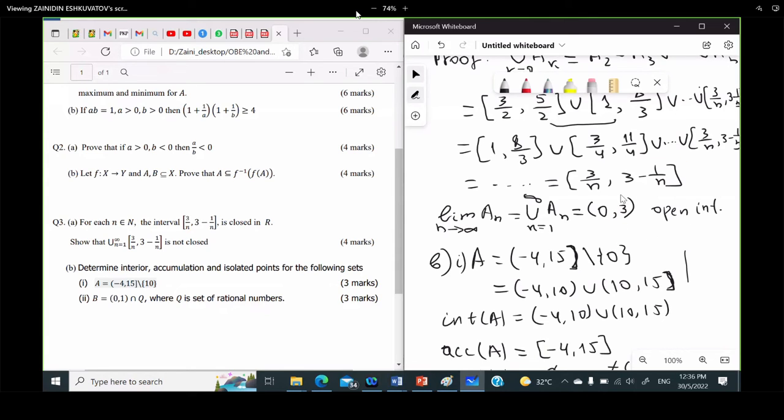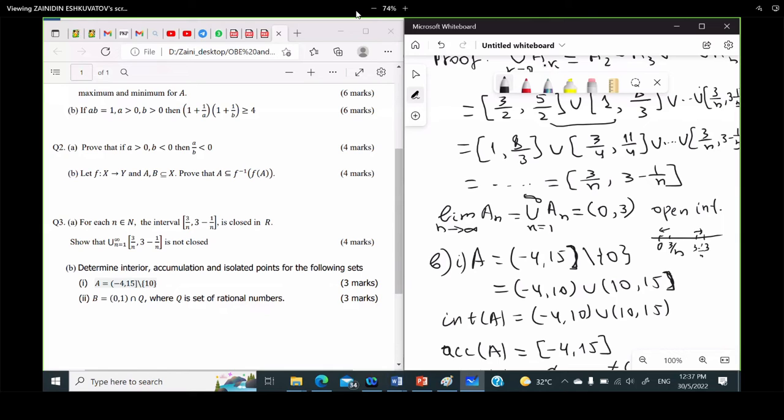Actually, this is a very good question, and I can explain it very well. Look, here 0, 3 over n approaches from the right side. And here we have 3, and 3 minus 1 over n approaches from this side.